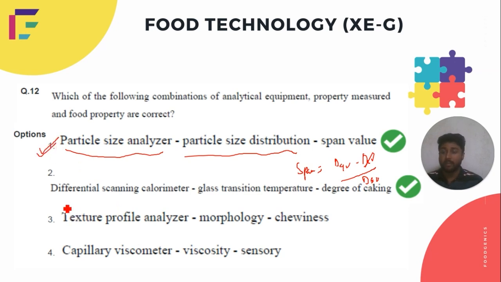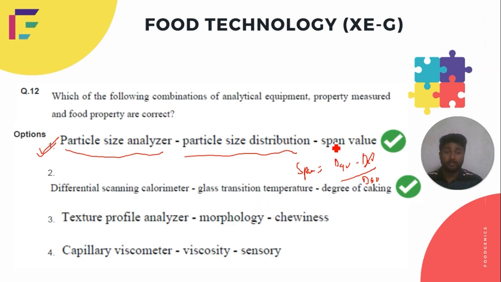Now the second option that is given is differential scanning calorimeter. This actually helps us to find the glass transition temperature. What is basically the glass transition temperature? It is the temperature at which the solid substance starts giving the property of glass, so it starts converting into a glassy state.